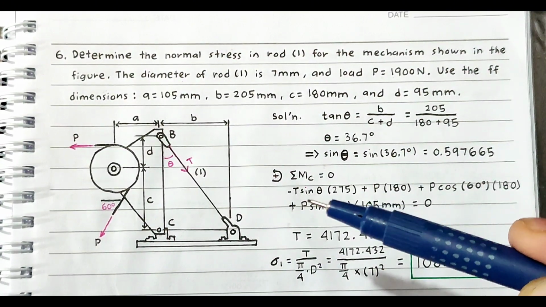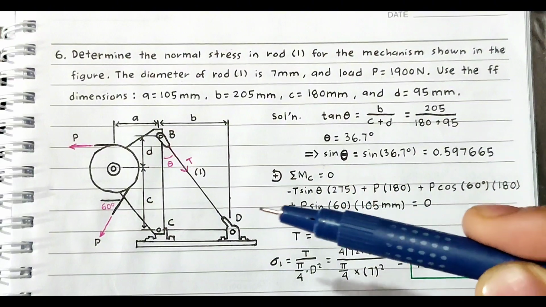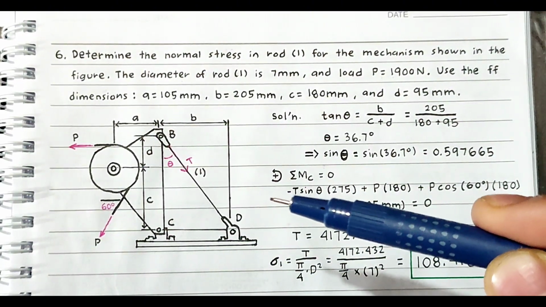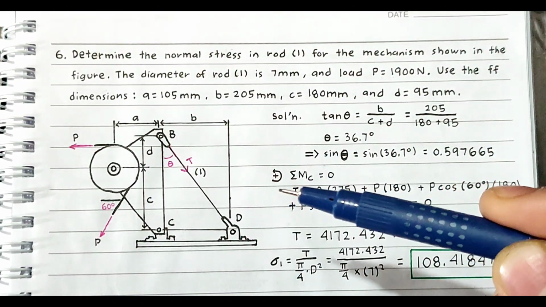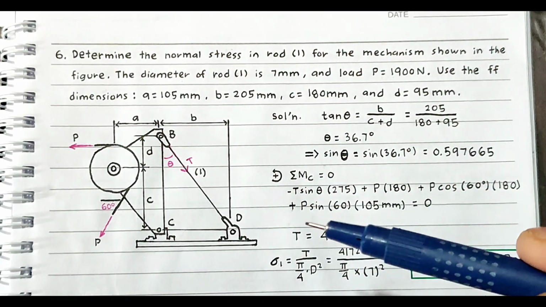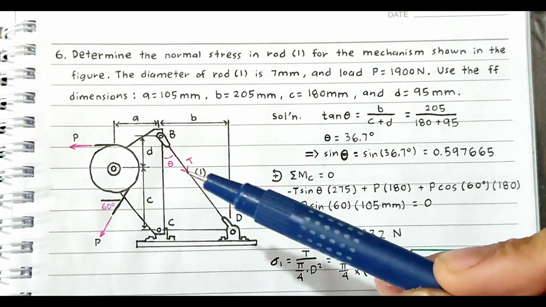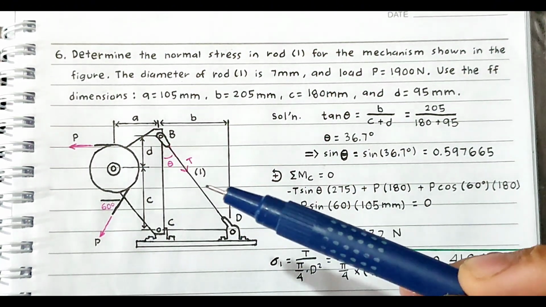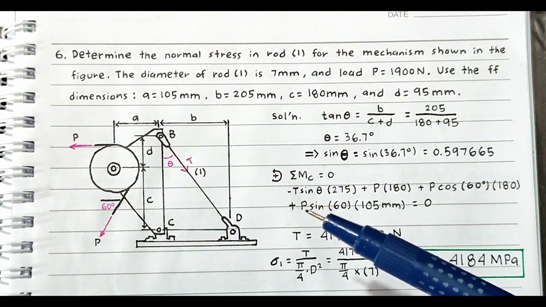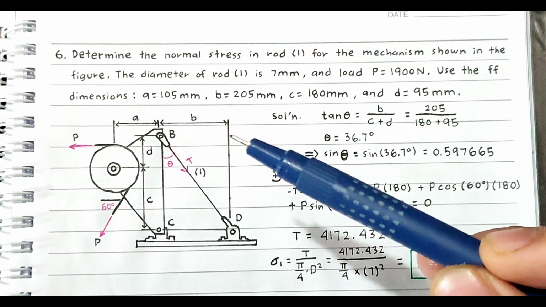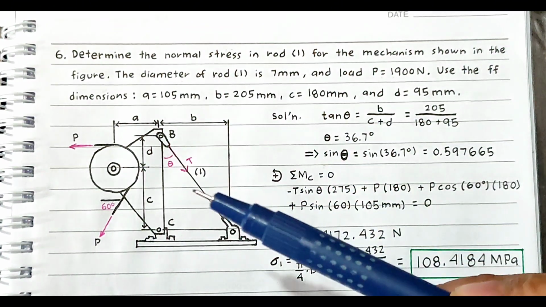Next, we get the moment along C, which is this portion, and counterclockwise as positive. Now first, we have this force T, which acts downward, and sine is, always note that sine is the y direction of the force.